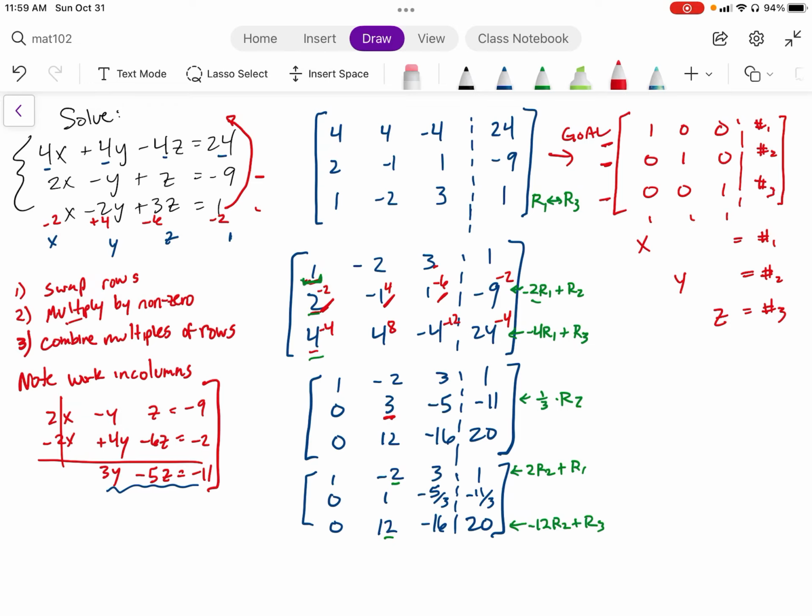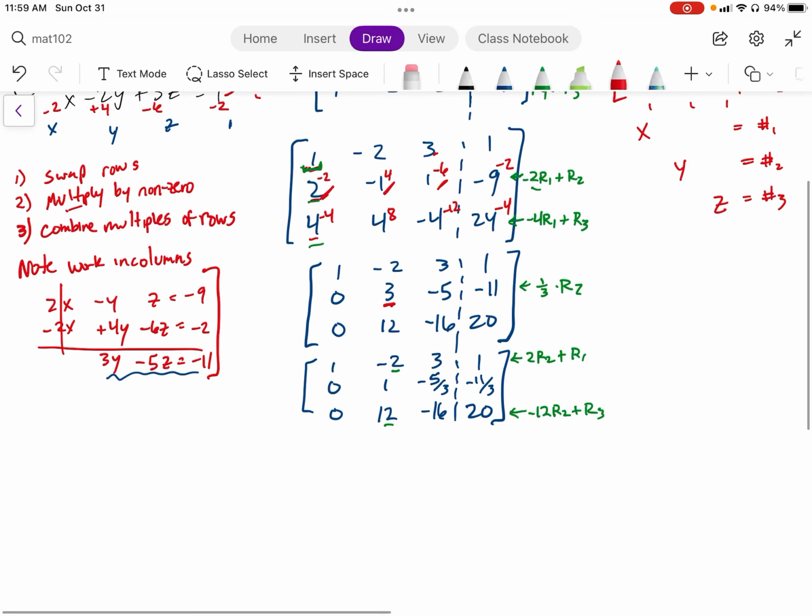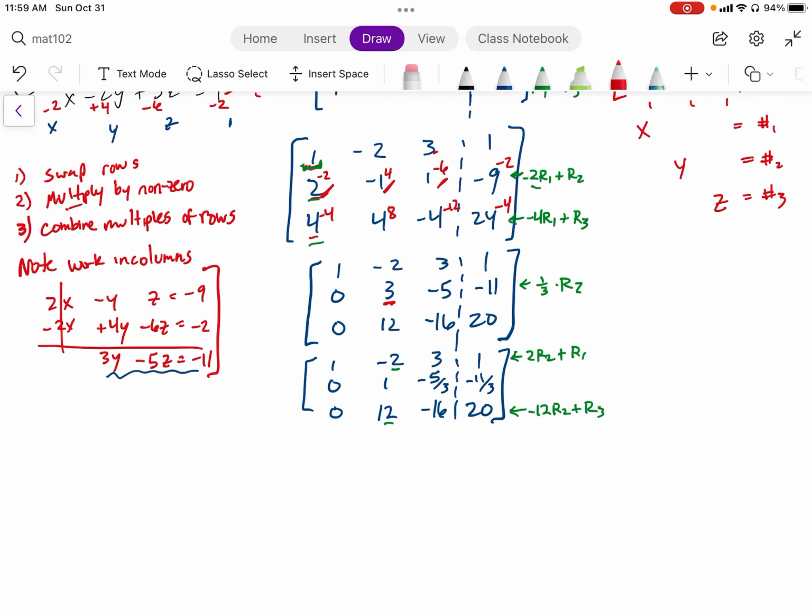Unfortunately, we have some fractions. It's all right. They're a pain, but intermediate steps were not promised to be pretty in here. So let's check it out. 2 times row 2. So this would be a 2. 1 times 2, negative 5/3 times 2 is negative 10 over 3, and then negative 22 over 3. So those are what I'm going to add to my row 1.